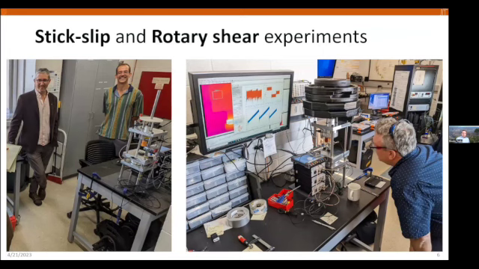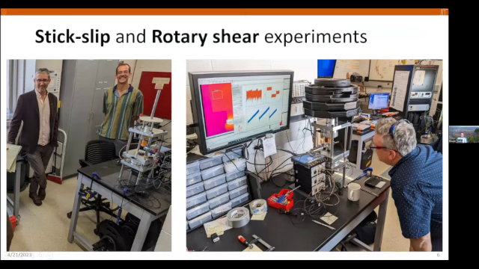So the idea of the ECoR is really to combine stick slip and rotary shear experiments. And these 2 pictures are kind of indicative, right? They represent stick slip on the left with Chris Marone, who came to visit the lab a few months ago, and David Goldsby on the right hand side here, who came also to visit the lab last year.